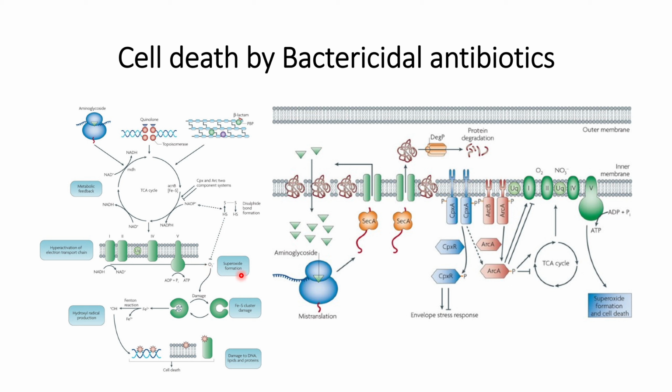This condition is known as superoxide formation, and it disrupts the Fe-S cluster, causing cluster damage. This leads to free iron, Fe2 plus, which is prone to the Fenton reaction. The result of this Fenton reaction is the production of hydroxyl radical, OH.